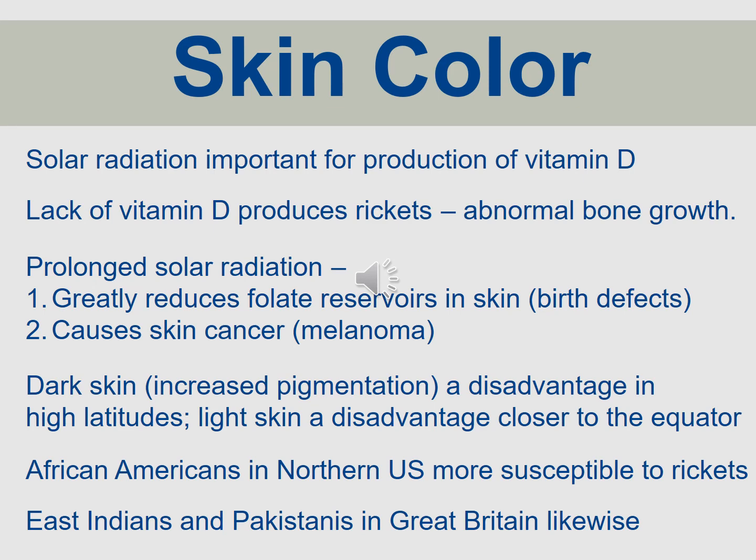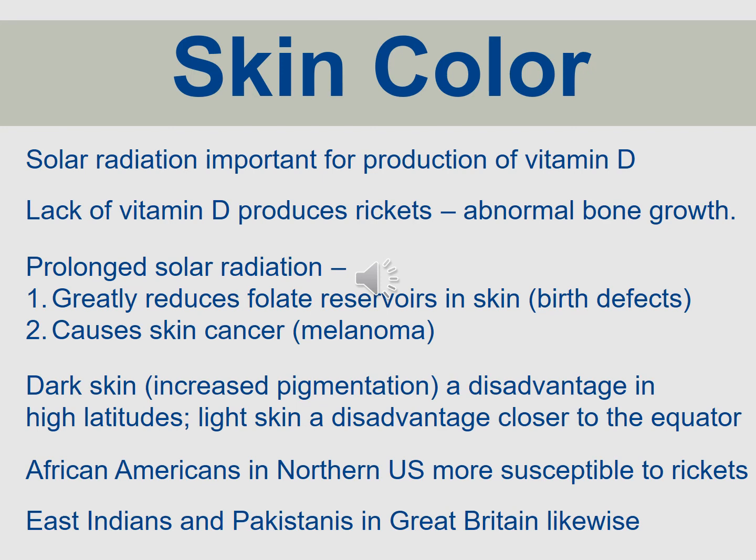This also means that individuals in the opposite environments are at a disadvantage. People with darker or increased pigmentation are at a disadvantage at high latitudes. And it's a disadvantage for people with lighter skin or lighter pigmentation closer to the equator.